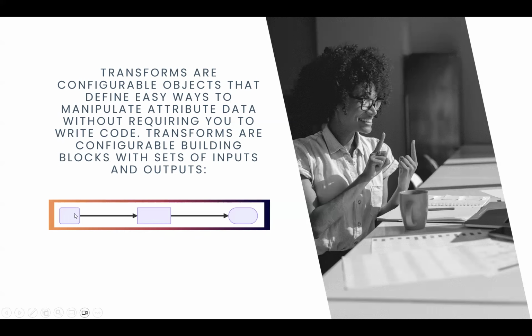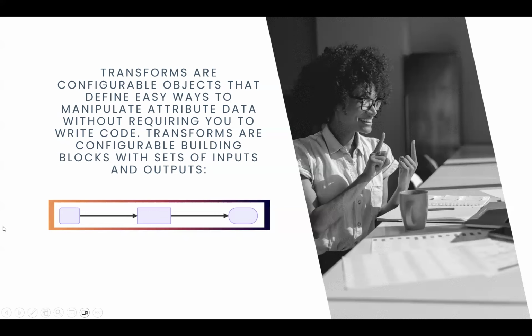So here we will give the input as a phone number without country code, and we will apply the E164 transform to this input, and what do we get as output? Yes, you're right. You will be getting a country code along with the phone number. So how easy is it to manipulate the data here using transforms, right?